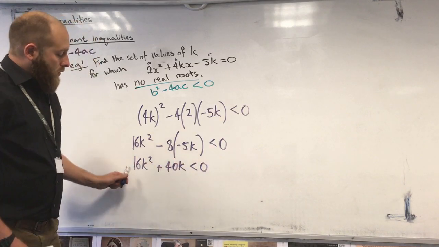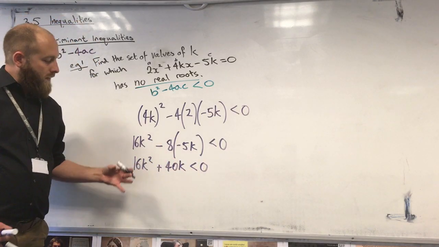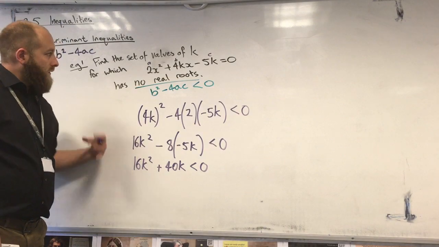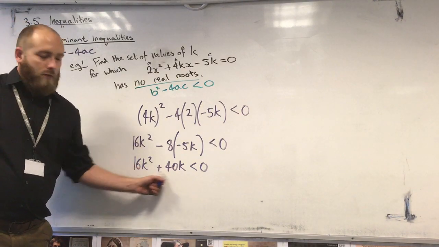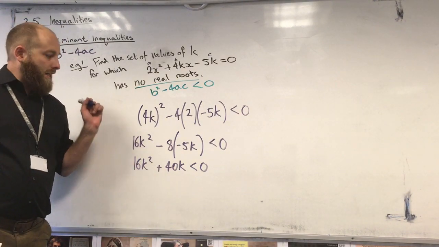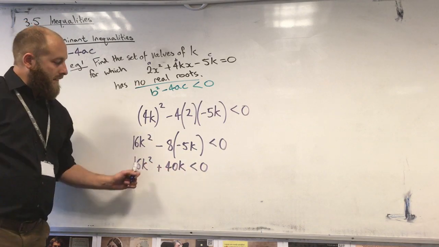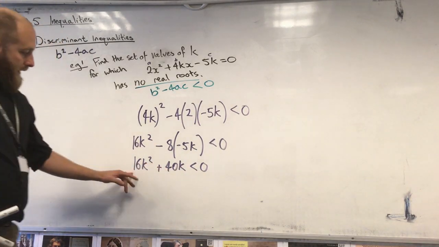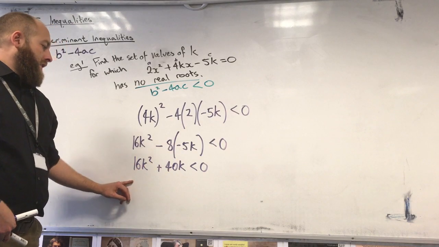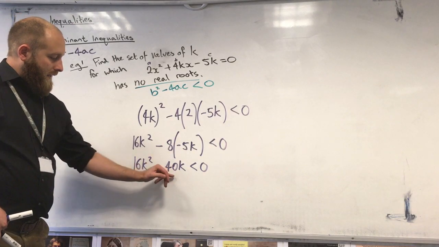is less than 0. So we've got a quadratic. All we need to do now is solve this like we did in the last bit of the video, trying to find which k values actually solve this inequality. Both of these have a common factor of k. They've also got a common factor of 4.